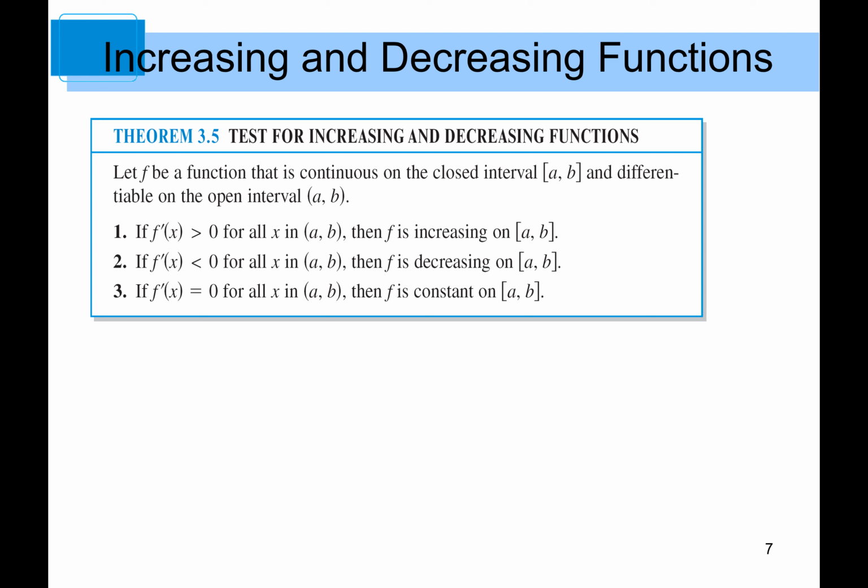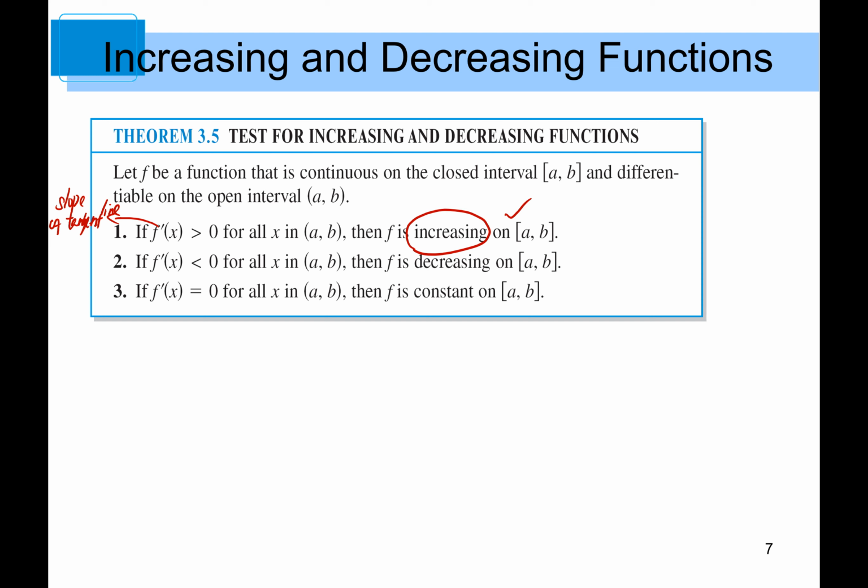So the test for increasing and decreasing functions: we have a function that is continuous on a closed interval a comma b and differentiable on the open interval a comma b. If f prime of x, which is the slope of the tangent line, is greater than 0 for all x in the open interval a comma b, then f is increasing on the closed interval a comma b.